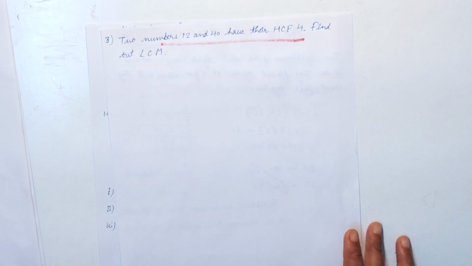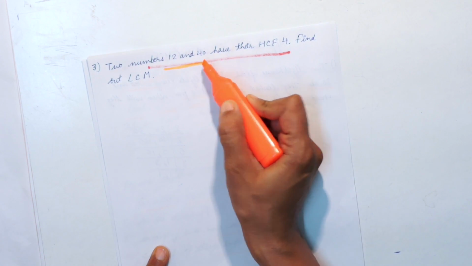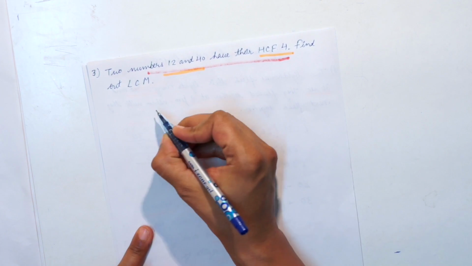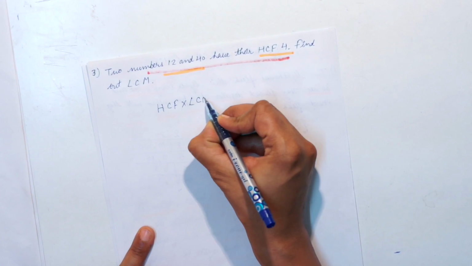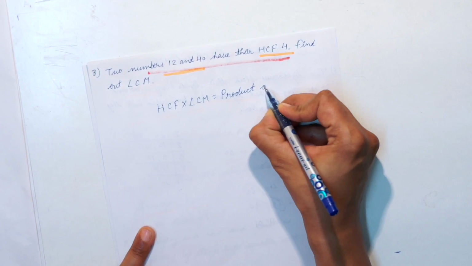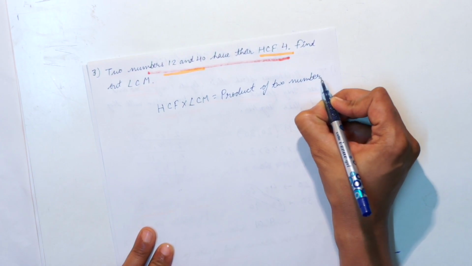My next question is, two numbers 12 and 40 have their HCF 4. Find out LCM. So how to find out LCM? There is a formula. The product of HCF and LCM is equal to the product of the two numbers.